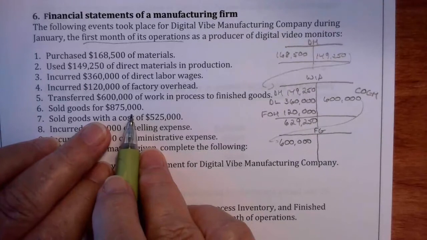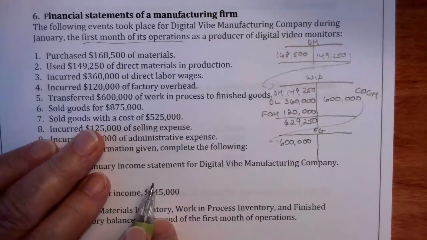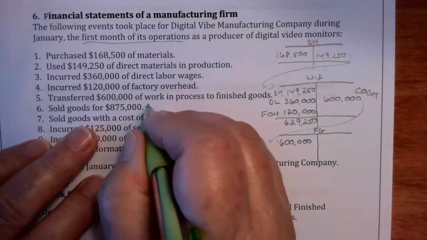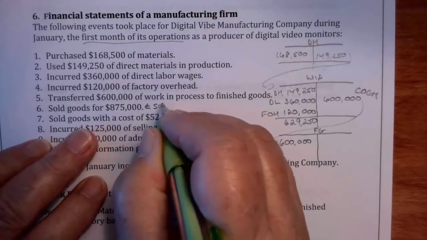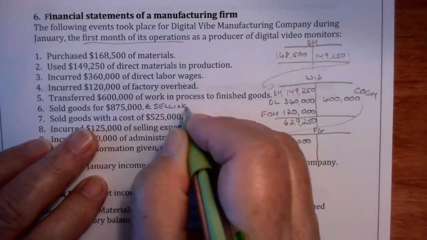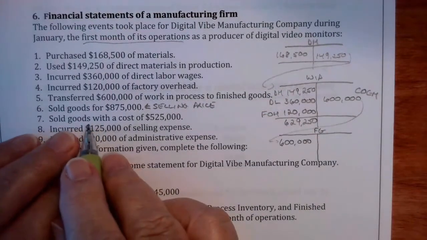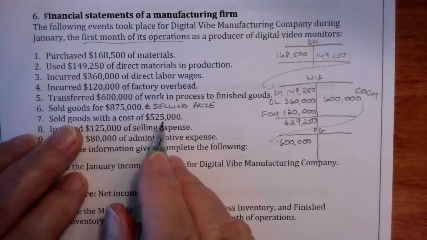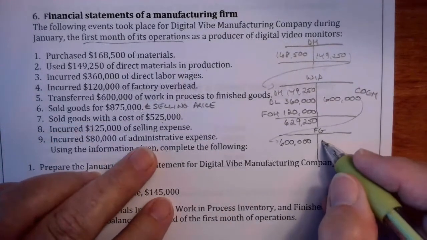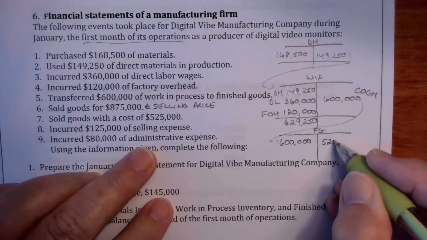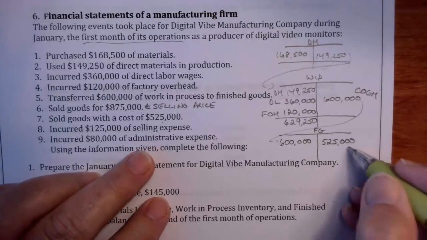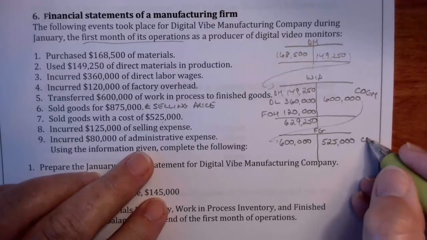Sold goods for $875. Now what's tricky about that is this is your selling price. So that would be our sales on the income statement. They sold goods with a cost of $525. So $525 would come out of here. And this is cost of goods sold.